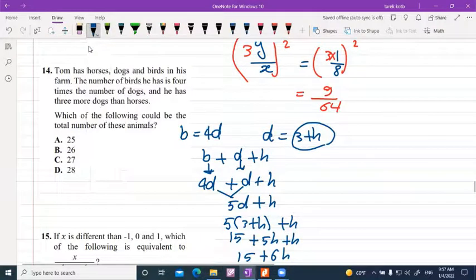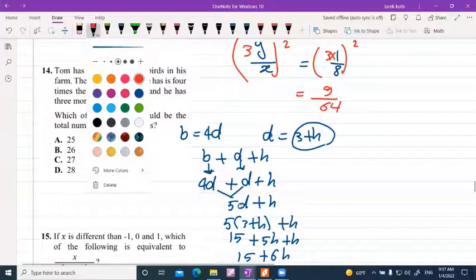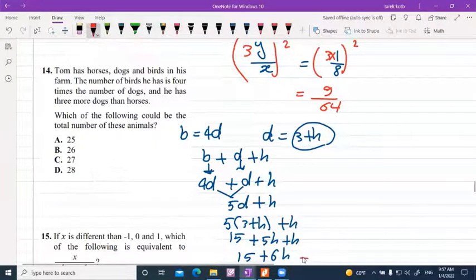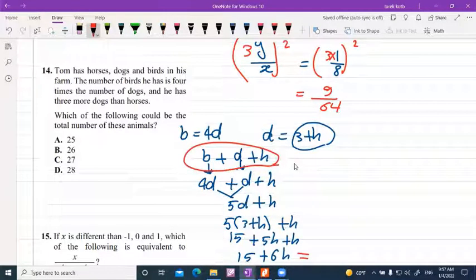So let's see which number fits this equation. Can it be 25?